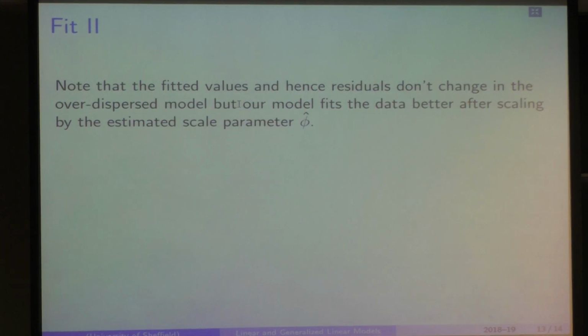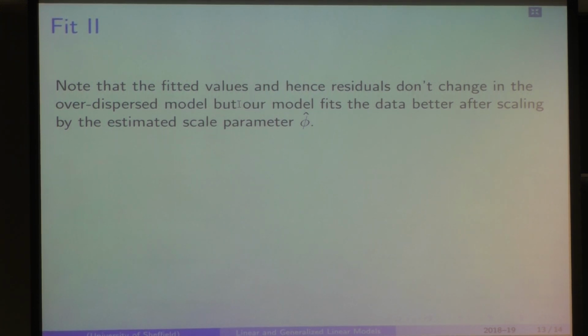Okay, so one point is that the fitted values themselves don't change here. If you look back in chapter 3, you'll see that the estimates of the parameters, the betas, in the linear predictor are independent of the estimation of phi. So you get the same estimates of the parameters in the linear predictor, whatever your estimated value of phi is.